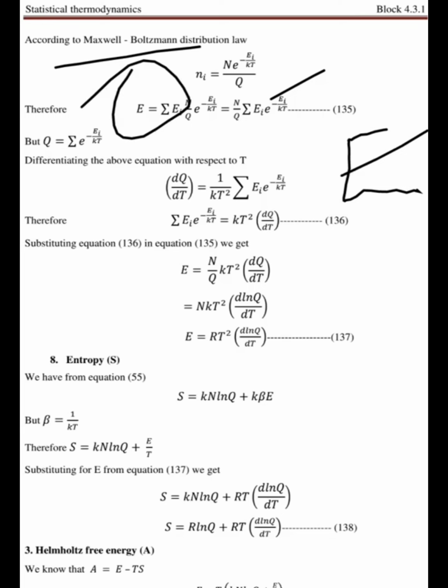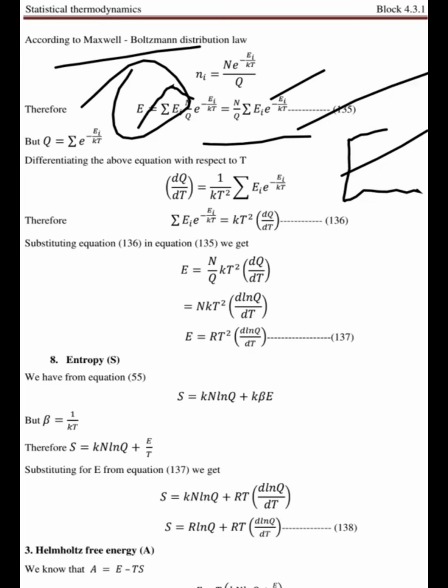So E is equal to summation of E_i into N by Q, e to the power of minus E_i divided by kT, that is N by Q summation of E_i into e to the power of minus E_i divided by kT. That is equation 135.